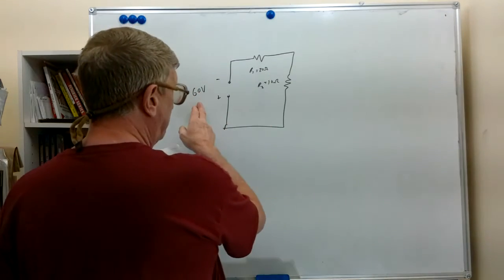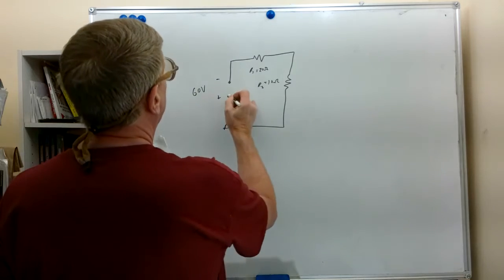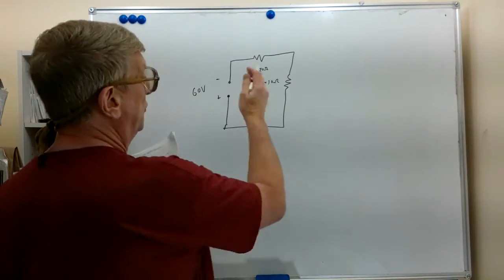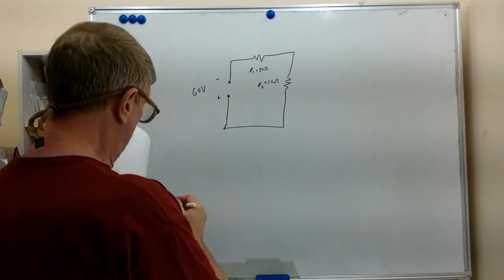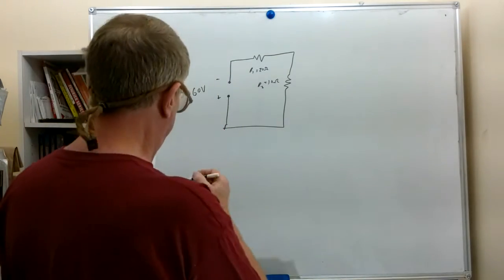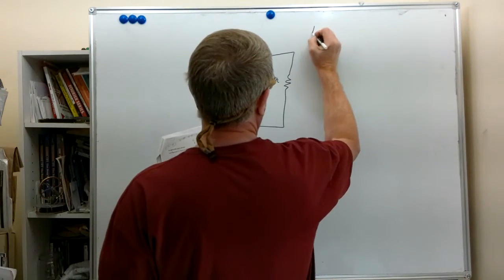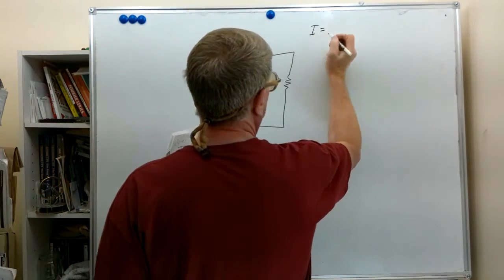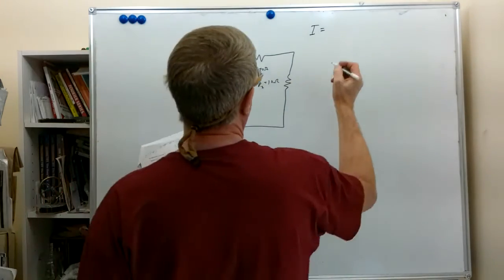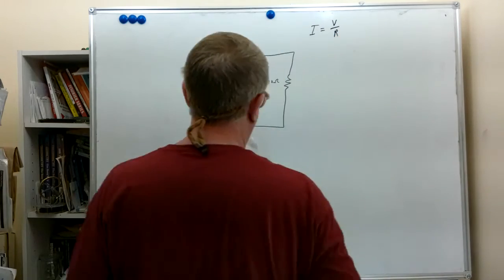We have the voltage supplied, we have the two resistances. If we want to find out power or voltage drops across resistors, we're going to need current. So let's go to our current formula, which is I, for intensity, equals the voltage divided by the resistance.